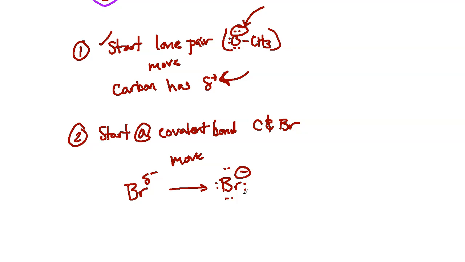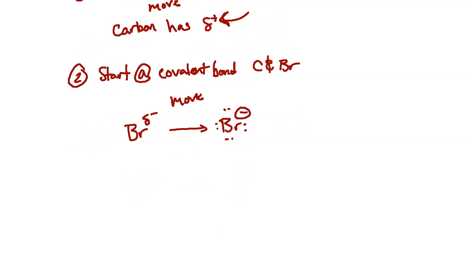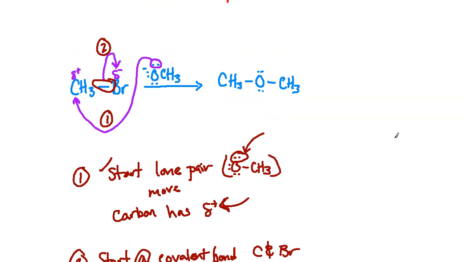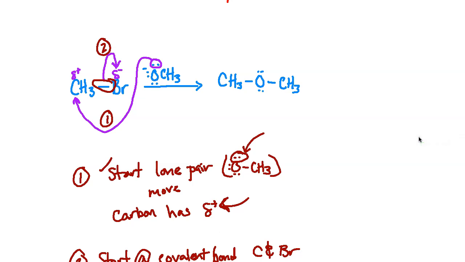Now, this is another very important point that I want to bring up here. The point you need to understand is that a negative charge that is going to bind to a neutral molecule will form a new negative charge. So, what am I saying when I'm looking at this? Let's go back up to the example. A negative charge, in this case, the OCH3, is going to come into the molecule. So this methoxide has a formal negative charge.